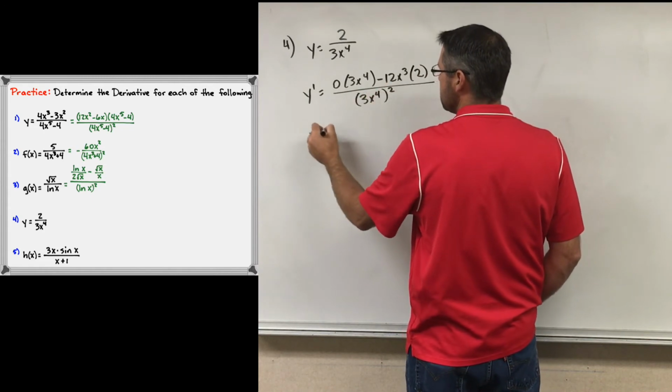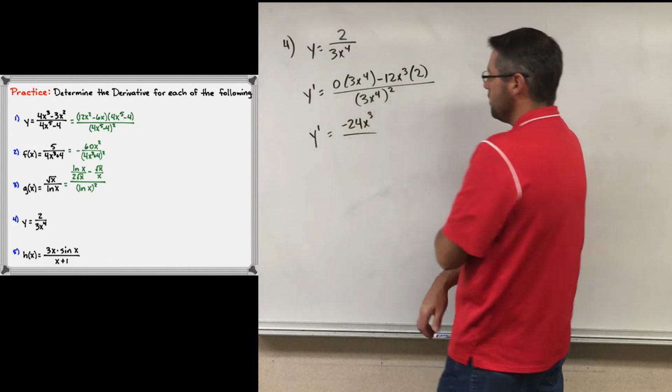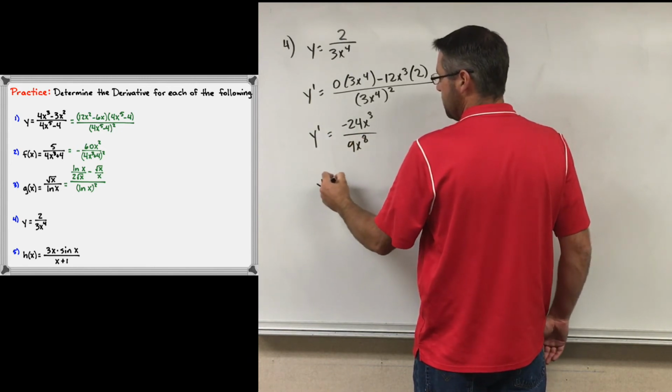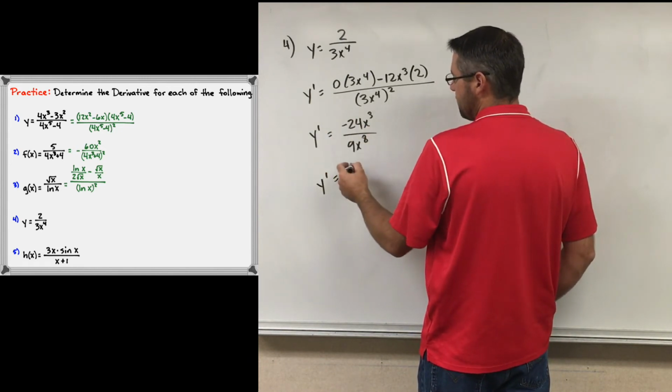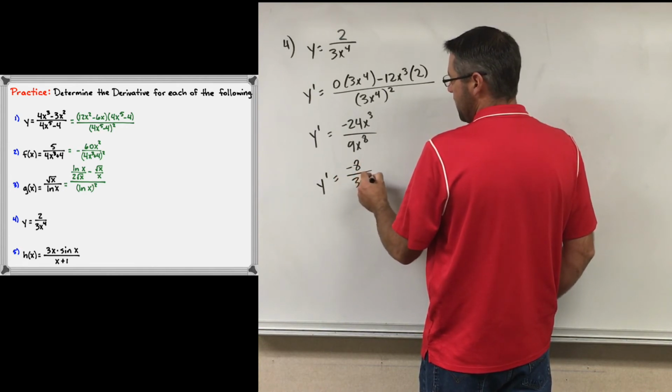And I will simplify this a little bit. This will end up being negative 24x to the 3rd over 9x to the 8th. And then we'll simplify that a little bit more. Common factor of 3, so that's negative 8 over 3. And then the bottom will have x to the 5th there.